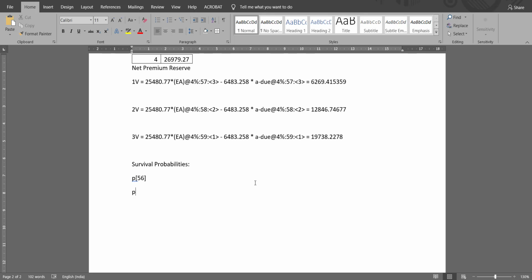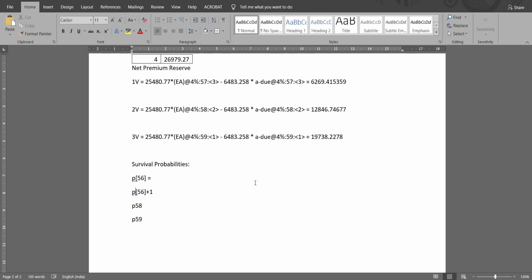You can write p56 plus 1, because we are working with select, and you will have p, what next one will be 58. Okay, so this is stuff that I would actually need. So surviving for the first year, second year, and the third year, and even p59. So this stuff I need to take.